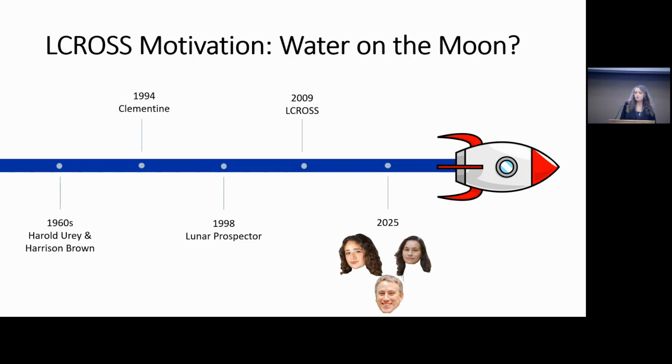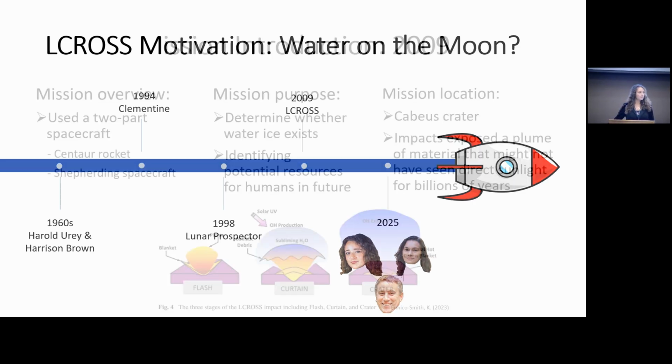Then finally, that led to the LCROSS mission in 2009, where NASA sent a mission to the south pole of the moon in order to explore this further. And now in 2025, I'm going to take that original 2009 data and look at it more.